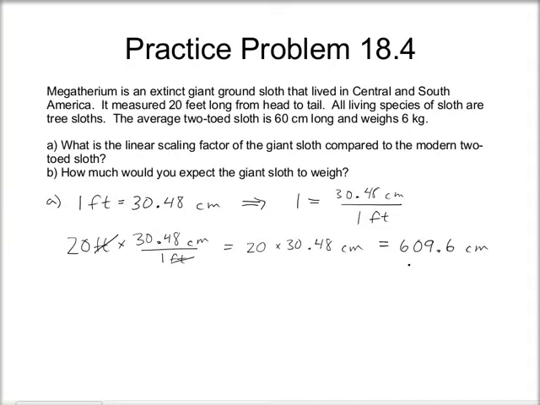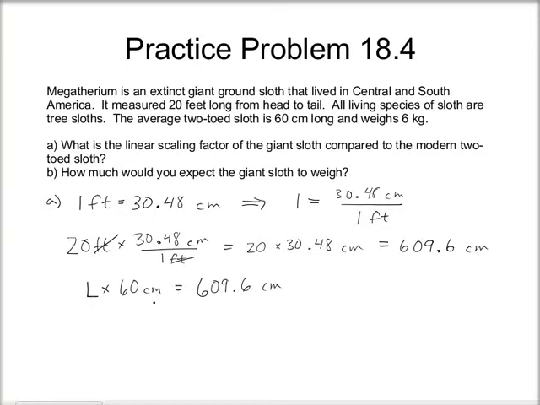Now to get the linear scaling factor, I need L times the height of the two-toed sloth, so 60 centimeters, should be equal to the height of the giant sloth, 609.6 centimeters.